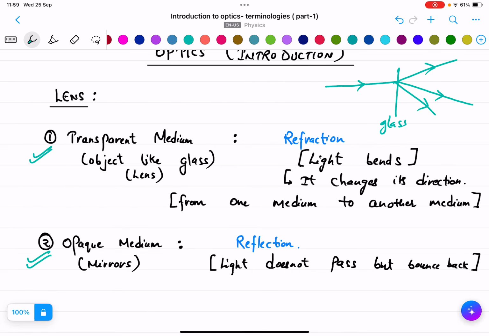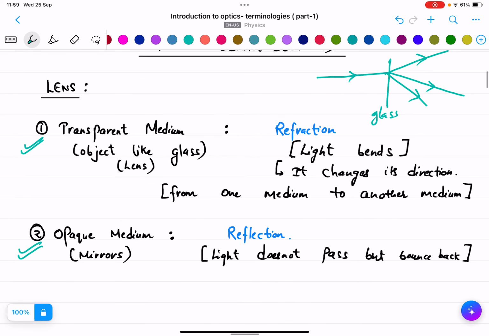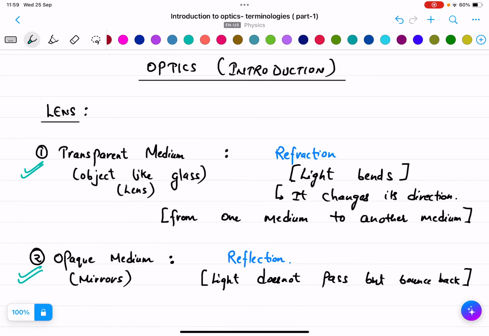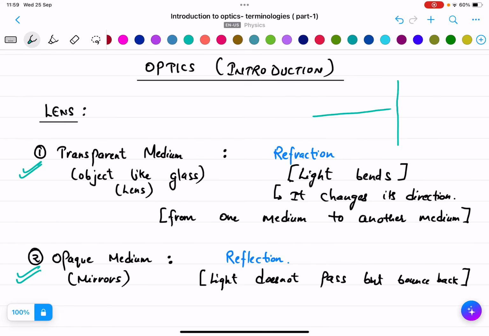Okay, but when it goes from one medium to another medium... Now suppose this is a medium, this is a mirror, an opaque medium. So when we pass any light, it will not go through, it will bounce back itself.